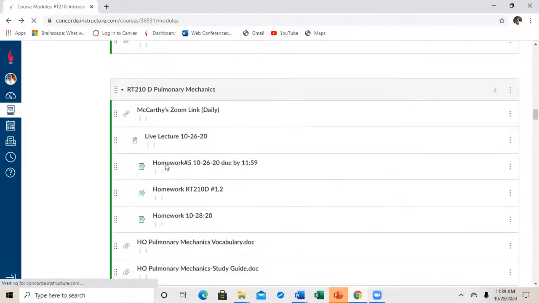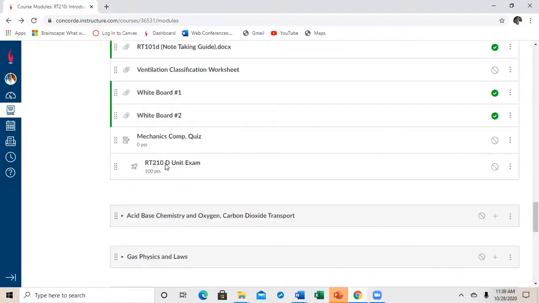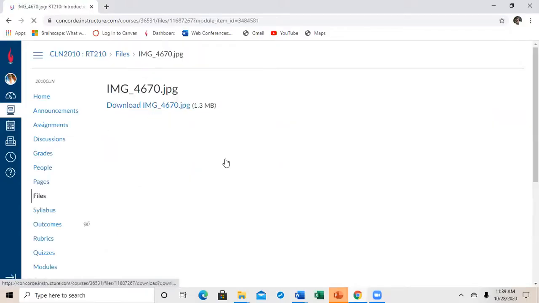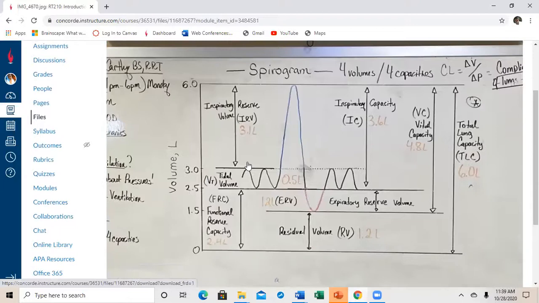Then I gave you whiteboard number 2. I think this is the one with the waveform. Yeah, this has the same spirogram, but in waveform, right? Normal in, normal out. Normal in, and then the gas that I can move after a resting inhalation is this part.